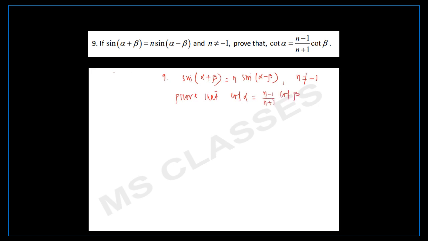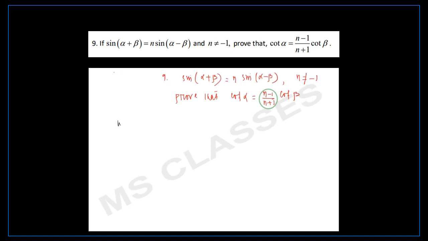That's what you have to find. So how to start? Because here this is a sum based on componendo and dividendo. This one, the format has been given here, n plus 1, n minus 1 by n plus 1. So since it is given, we'll be following that.